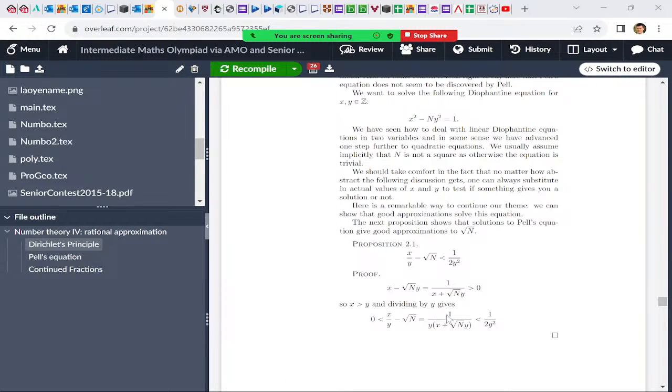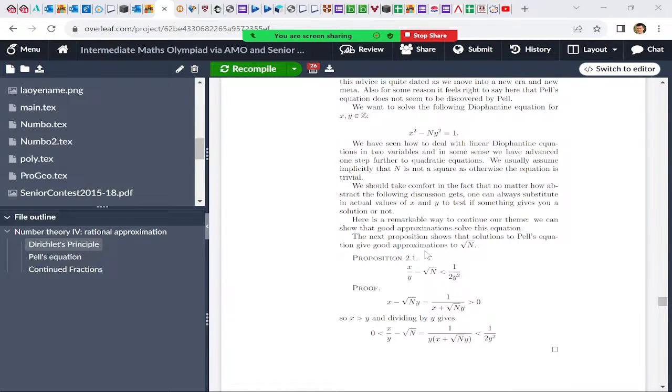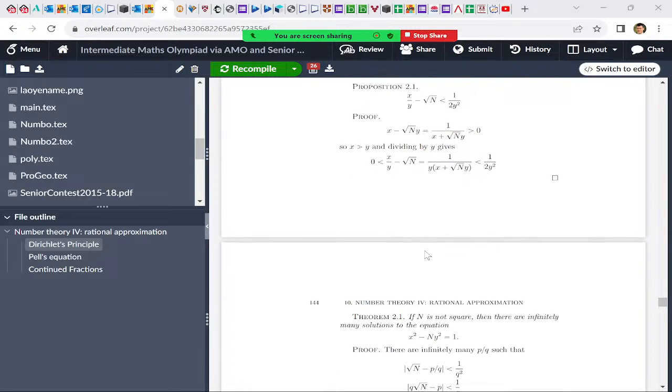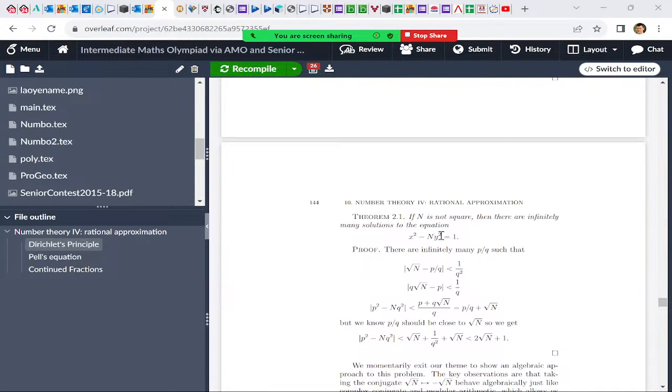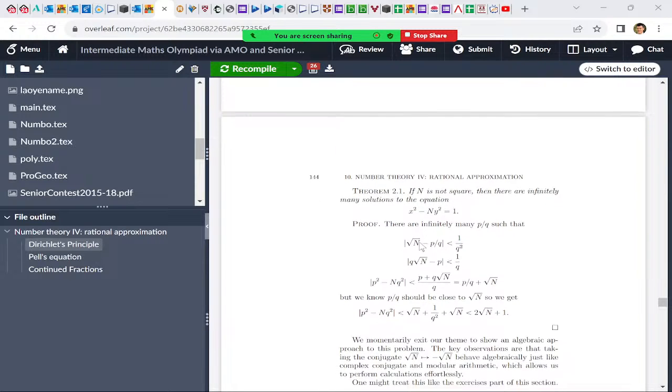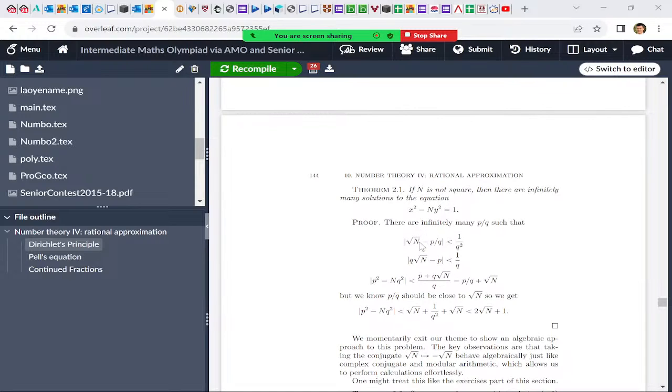We proved this before. So it would be nice to prove that you can actually solve the equation with approximations, and then continued fractions give you a way to figure out how to get those rational approximations. So you start with a rational approximation of root n.